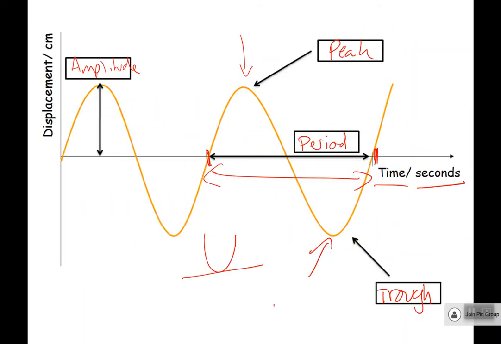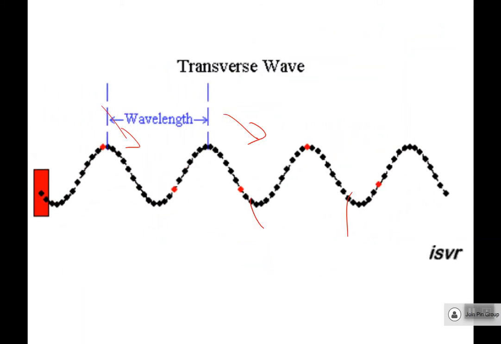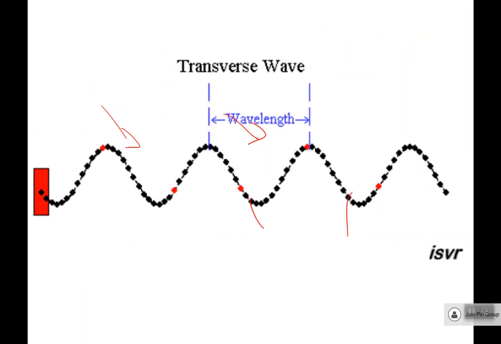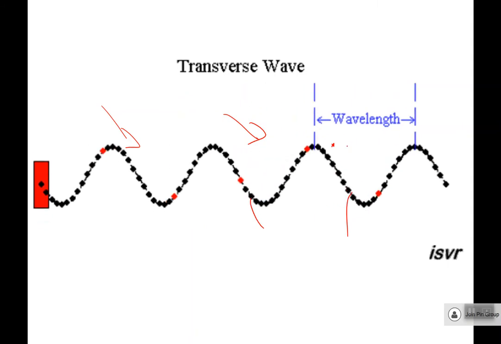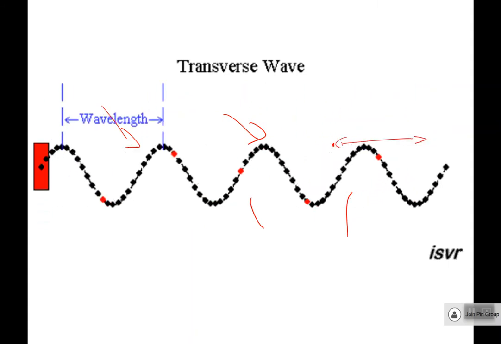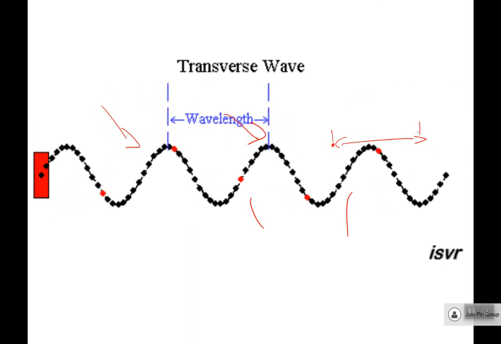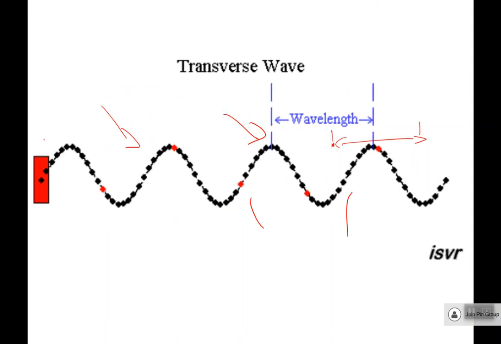Frequency is also defined as the number of whole wavelengths that pass a point in a second, because if you have this wavelength here, move from there to there, the time taken for the wave to move from this point to this point is actually the period. It's the time taken for one complete oscillation.